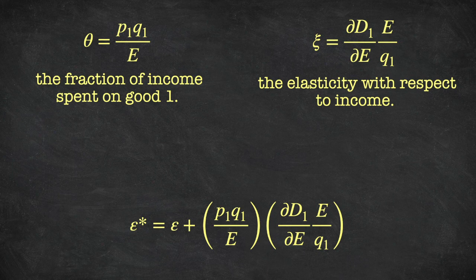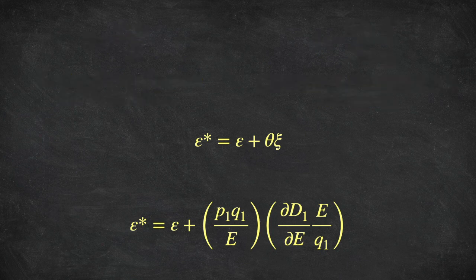Okay, so let's replace those terms, and then we get that epsilon star, the elasticity of compensated demand, is equal to epsilon, the price elasticity of demand, plus a weighted income elasticity, where the weight is this proportion of income spent on good one, and income elasticity is defined in the normal sense.